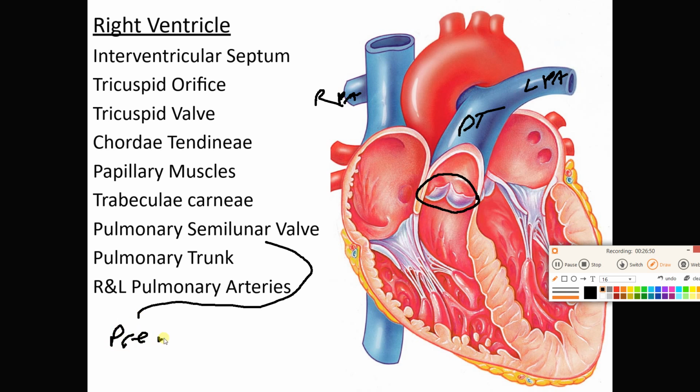It is going to prevent backflow, and in this case it's preventing backflow from the pulmonary trunk to the right ventricle. Notice it has no chordae tendineae attached to it, no associated papillary muscles. There is no hinge in it. It's called a pocket valve. Ask your instructor in class to explain that in a little more detail.